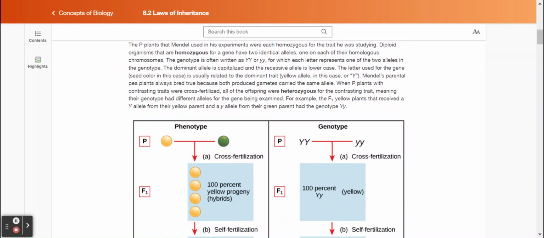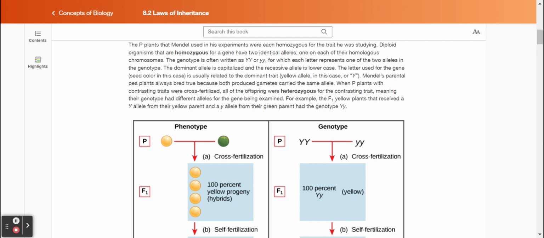The pea plants that Mendel used in his experiments were each homozygous for the trait he was studying. Diploid organisms that are homozygous for a gene have 2 identical alleles, one on each of their homologous chromosomes. The genotype is often written as capital Y, capital Y or lowercase y, lowercase y, for which each letter represents one of the 2 alleles in the genotype.